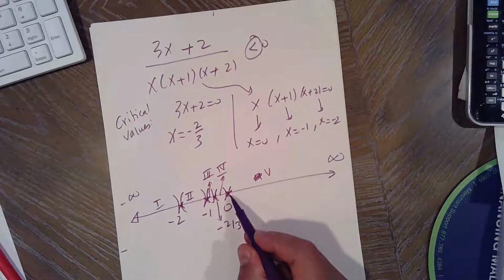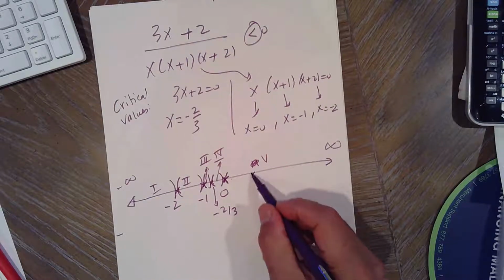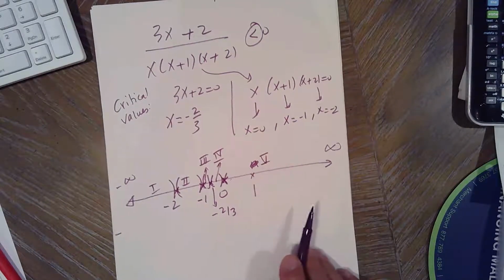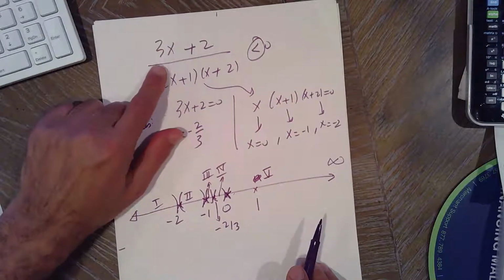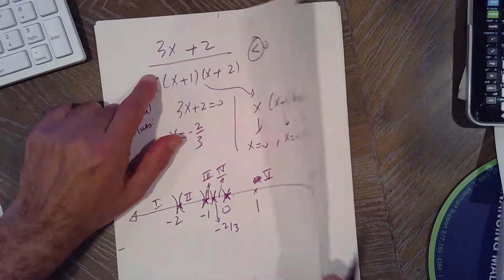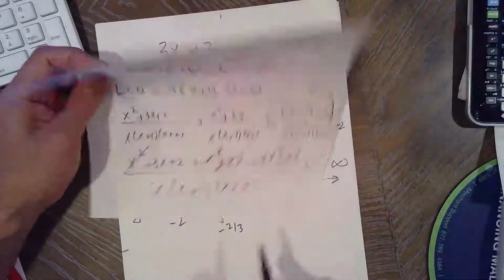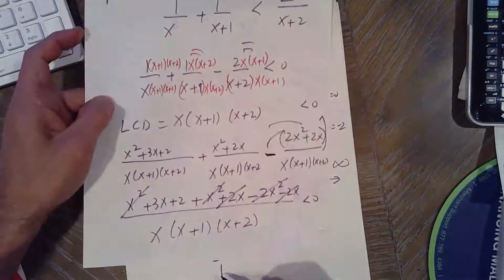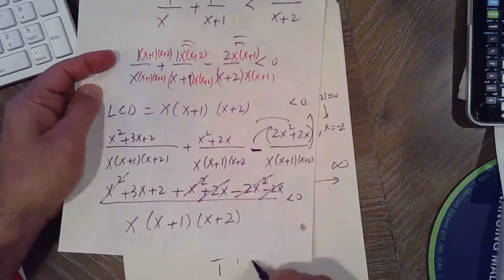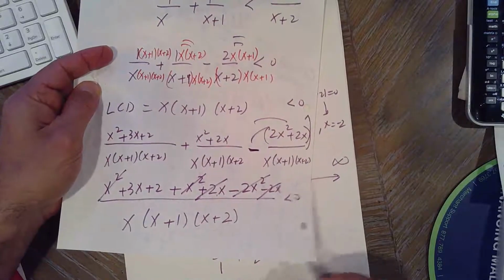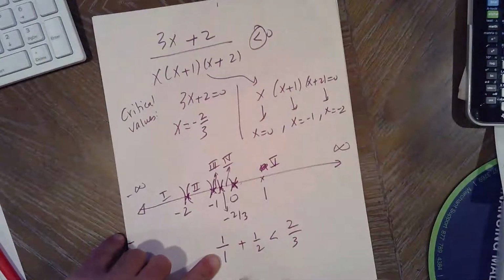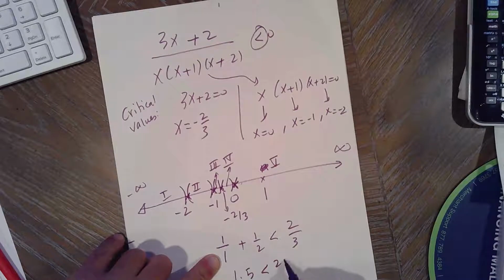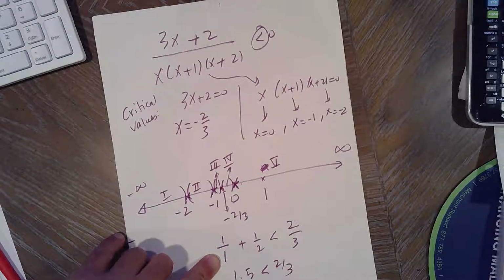I cannot use 0 because it's a critical value, so I'll use 1, which is in interval 5, plug it in. I can plug it in there or in the original one. I'll just do all the way back. So 1 over 1 plus 1 over 2 is less than 2 over 3. So 1.5 is less than 2/3. That's no good, false.